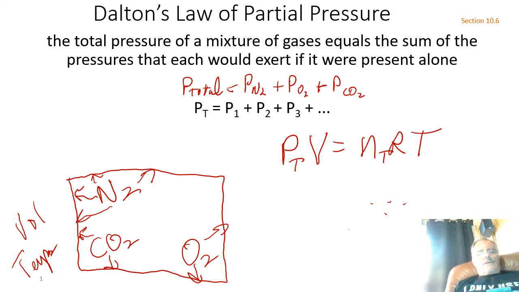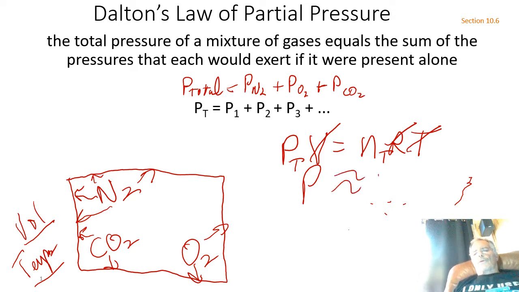And we can further extend that. Wait a minute, all these gases have the same volume and the same temperature that they inhabit. So I could literally cross out temperature, because temperature is the same for every one of those gases, and so is the volume. R is just the gas constant. It doesn't change. And so that gives us this relationship where pressure is directly proportional to the number of moles of each one of those gases.